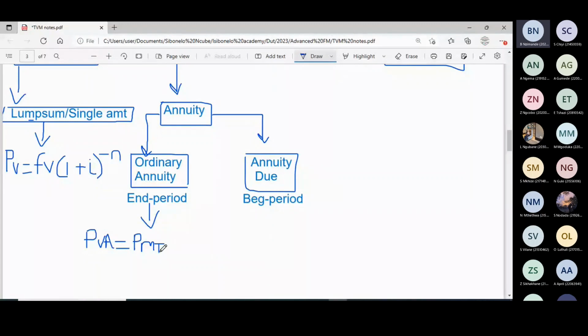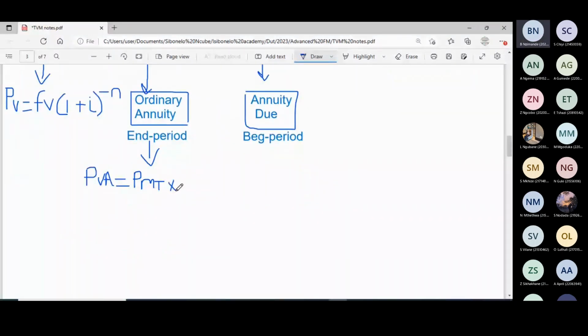So this is the formula that you're going to use if you are dealing with an ordinary annuity. The formula is PVA = PMT multiplied by, you open big brackets, and then we have 1 minus (1 plus i) to the exponent negative n, all divided by i. Your i, guys, is your interest rate.